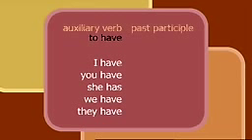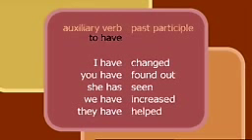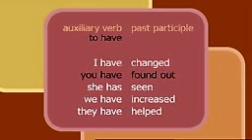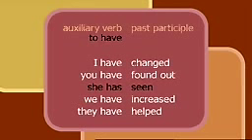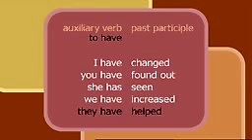And then a past participle. For example, changed, found out, seen, increased, or helped. So we have, I have changed, you have found out, she has seen, we have increased, they have helped.